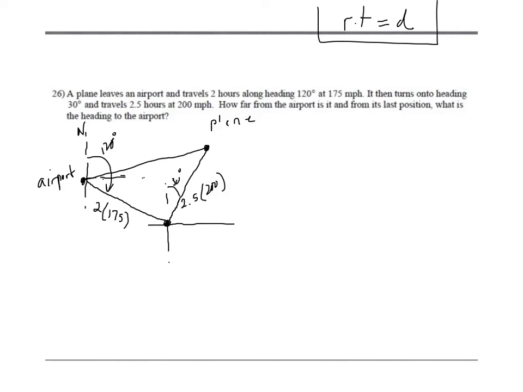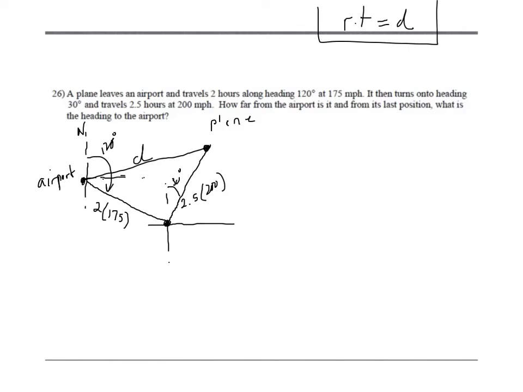On my paper, I used a straight edge, I'm not going to lie. I don't have a straight edge on here, so this is kind of hard to do. But you can begin to see what I need to find. I need to know how far from the airport the plane is, and what its heading is to the airport.